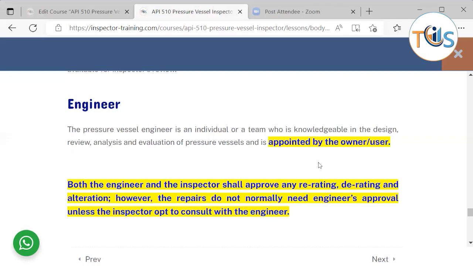Because if the API dictated some terms of what the engineer should be, the owner user could always say, yeah, we got the guy who you told us to get, and now he made a mess of it, so you are involved. So that's why API doesn't want to get involved with this. It said it's the responsibility of the owner to get a qualified person as an engineer. Okay.